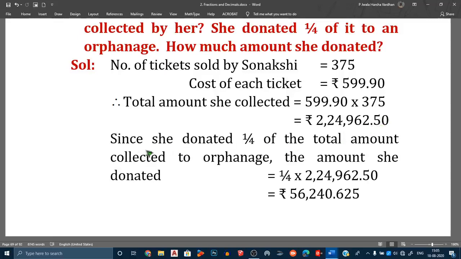Now since she donated 1/4 of this total amount to the orphanage, you have to multiply that with 1/4. 1/4 of means what? 1/4 of this much means 1/4 into this value. Okay, now you can write here. 1/4 into this much means if you divide this value by 4, you will get this one.